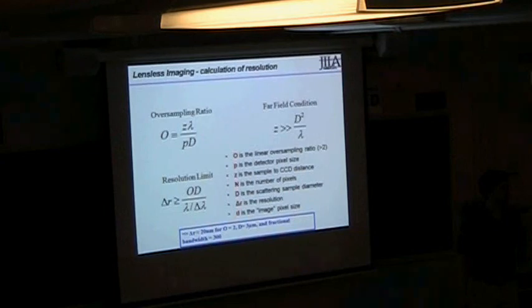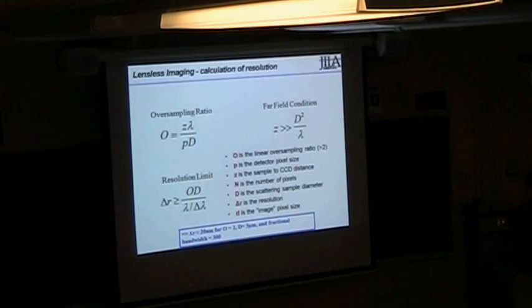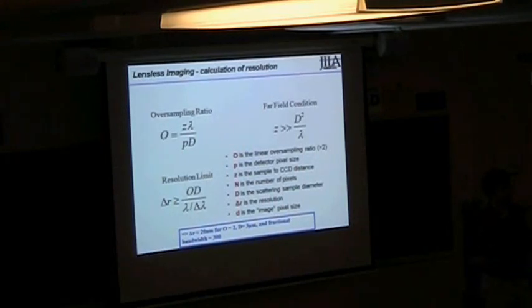So what is the resolution limit? Normally, if we have a very coherent source, then we don't really have to worry about this. In that case, our typical resolution is set by the numerical aperture of the system, which is lambda divided by the numerical aperture, and that's set by the distance to the CCD as well as the size of the CCD.